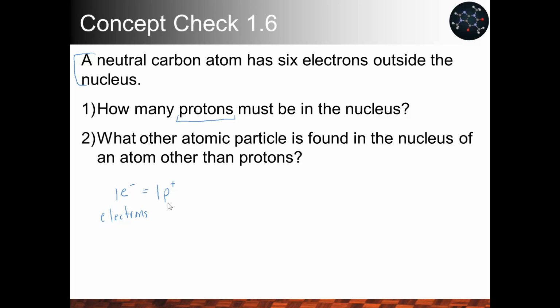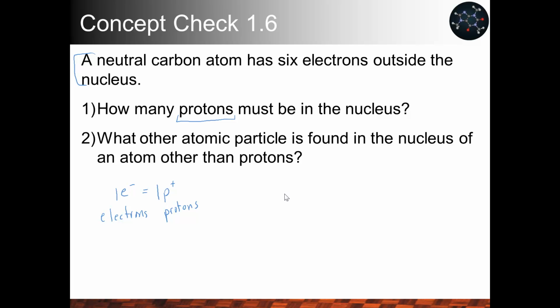Conversely, protons, P with a plus, those are protons. That's how we refer to those. And if they're equal in charge, not in size, but in charge, and I have 6 electrons on the outside of the nucleus, how many protons are in the center of the nucleus? What other particles inside parts of an atom would be in the nucleus other than the protons?